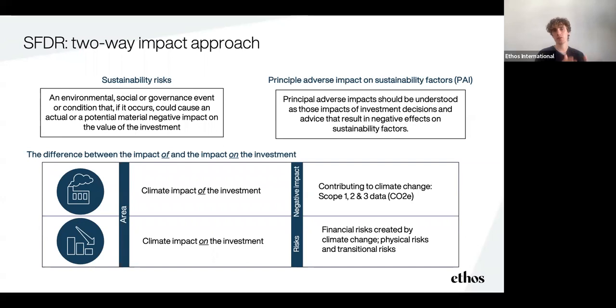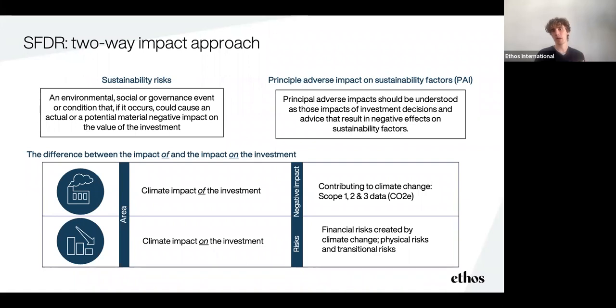It's basically for non-financial entities to consider what impact sustainability has on the company and its operations, but also understand what impact the company has on sustainability, inside and out.